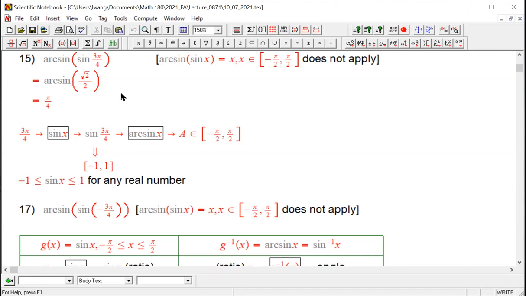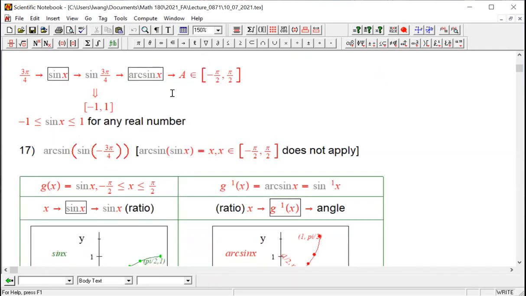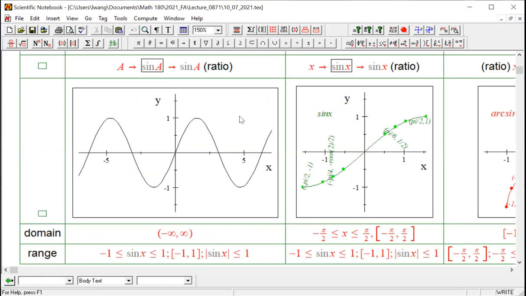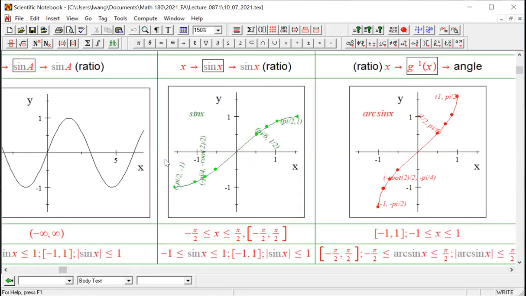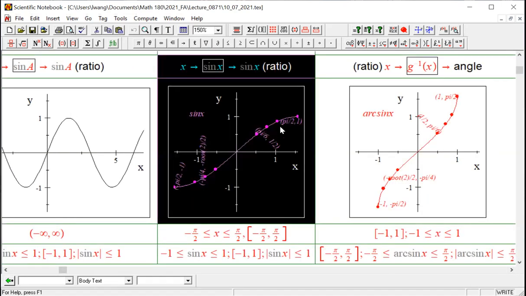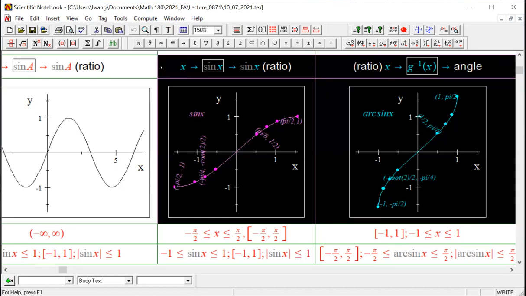How is this related to the picture we did? Let me show you. I'm going to borrow this picture, so hopefully this will help you.